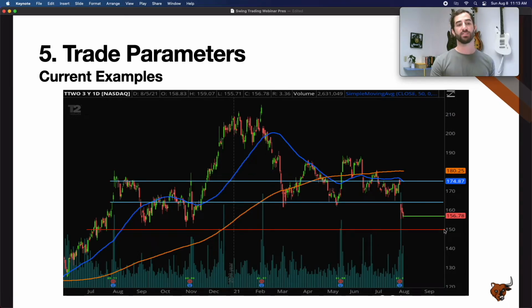We have about $6 to the downside, 165. We have about 156, 165, about $9 to the upside, $6 to the downside. So, again, we would buy about half of our position to start with, and in case this level holds and it starts to go upward, we will buy the second half and move the stop up.